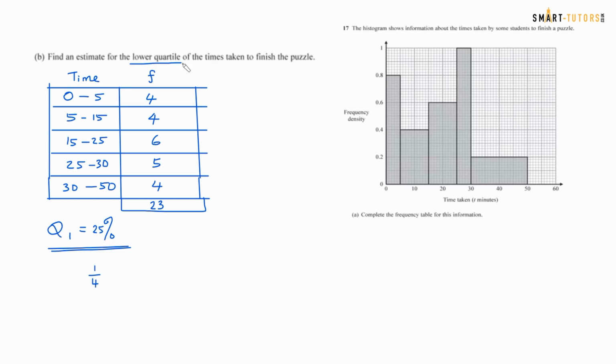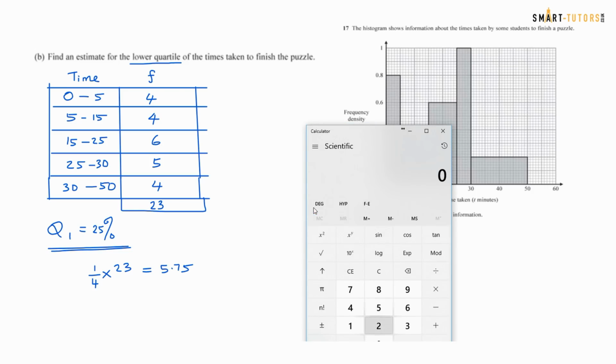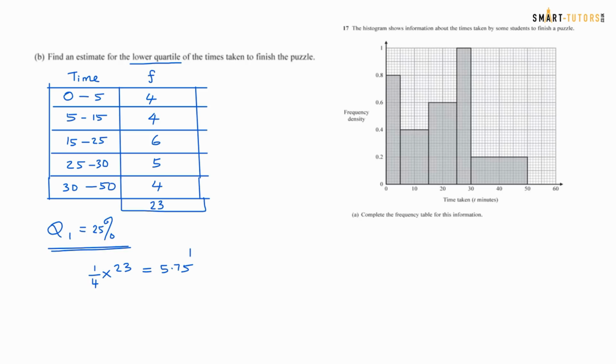So 25% means a quarter of 23, which means 5.75. Make sure I do the right thing, just press the calculator. 23 divided by 4, 5.75. So the 5.75th term. If it comes to a decimal, you can round up to the next one, the 6th term.